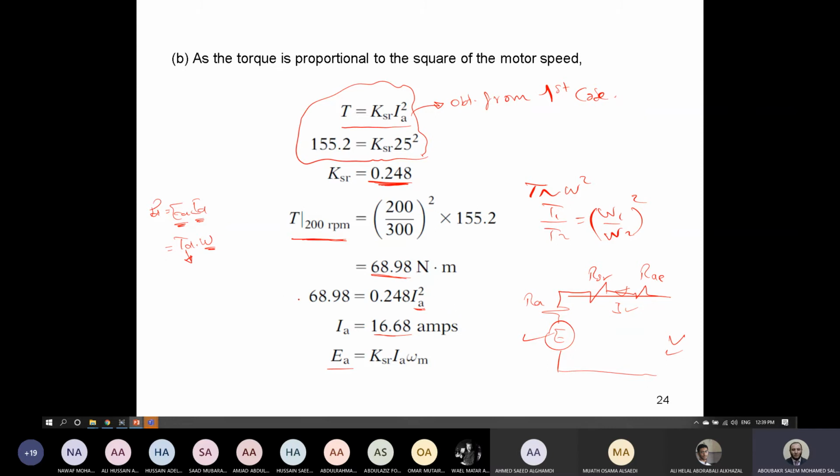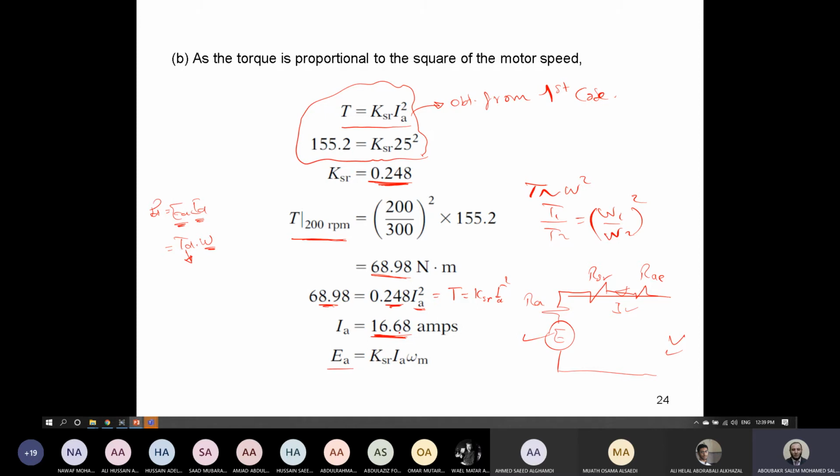This is the relation. So we have K series and we have torque, so we can get the value of IA. The current is obtained here, 16.68 amps.